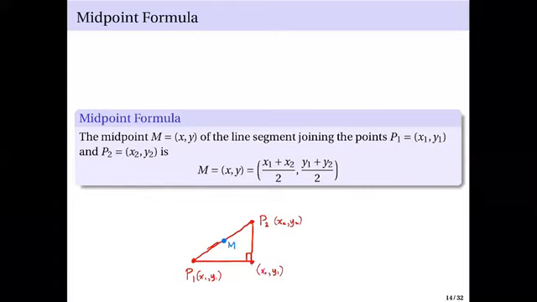The middle is exactly the average between x1 and x2, correct? The average is calculated by adding the 2 and then dividing by 2. So you have x1 plus x2 divided by 2.